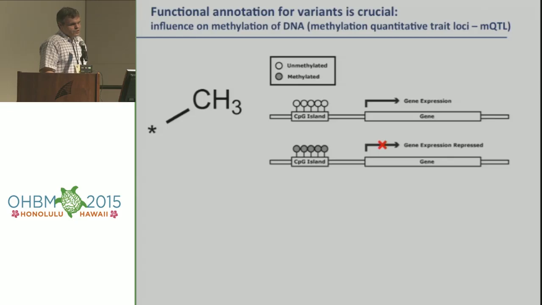And then the last thing I wanted to mention is what people are now also interested in more and more: methylation studies. So you know that the base cytosine in the genome can be methylated or not. This methylation often occurs in so-called CpG islands that are located before a gene, and they have an important influence on gene regulation.